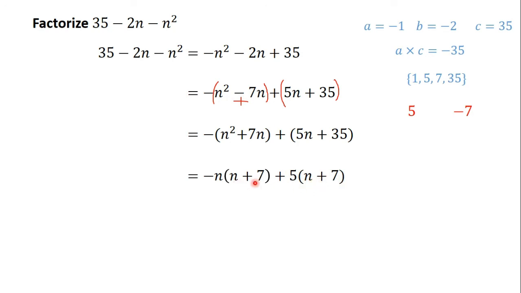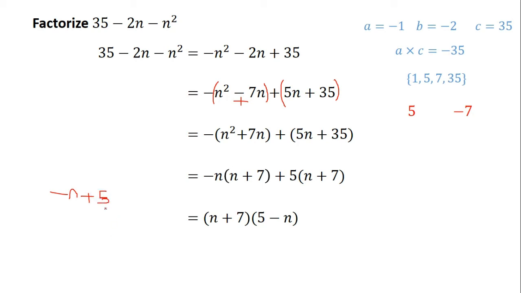We have n plus 7 in one bracket, n plus 7 in another bracket. So you pick one of them, n plus 7. Then when you come here, we have minus n outside the bracket here. Here we have plus 5 outside the bracket. So you will have minus n plus 5 in one bracket.